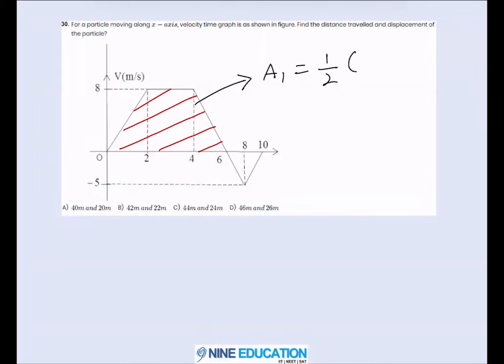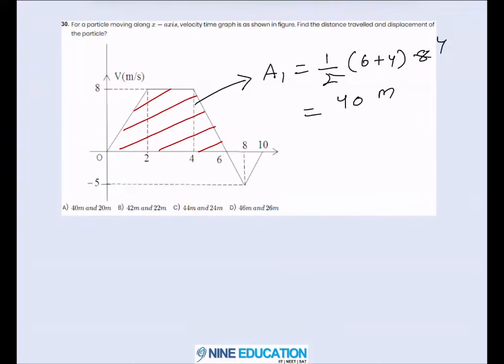So it will be 6 plus 4. And what is the height? The height is about 8 meter per second. Into 8. And this area will come out to be 40 meter, right?